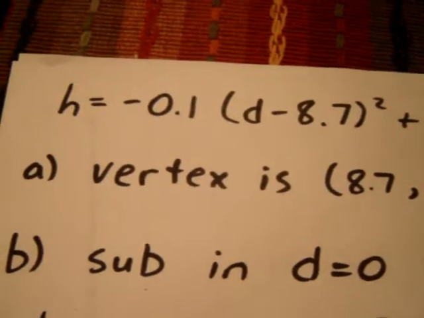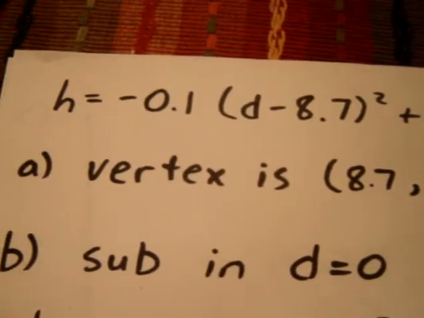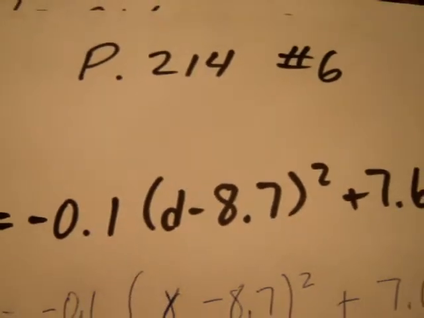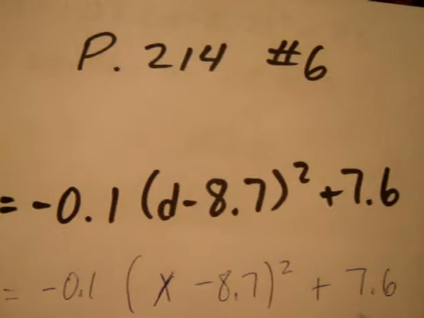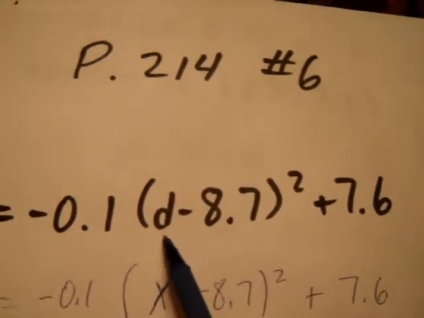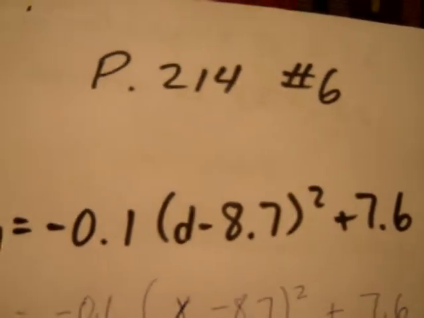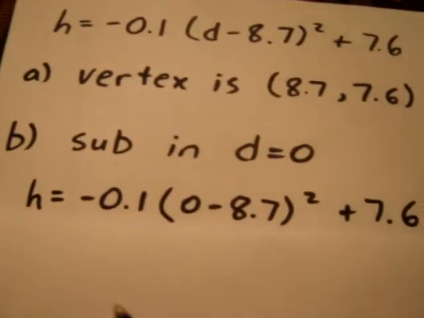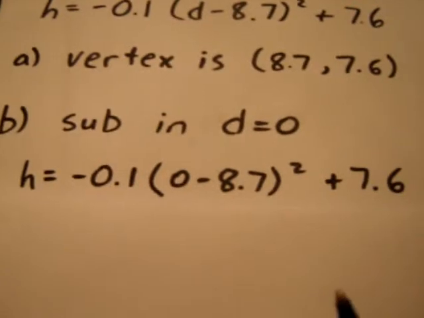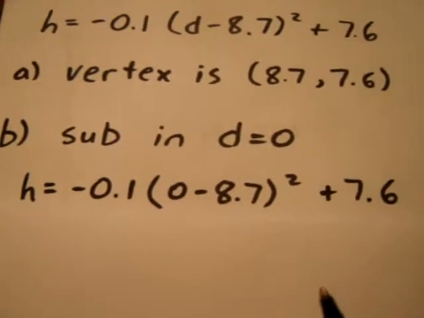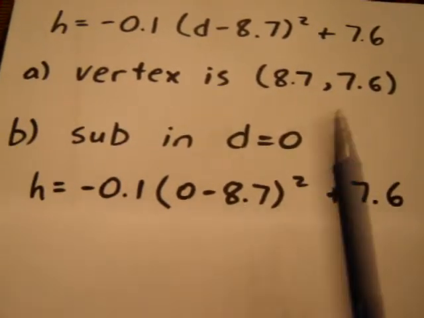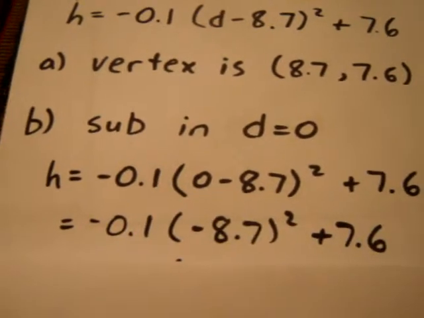So we go back to our equation, which was h equals negative 0.1 (d minus 8.7) quantity squared plus 7.6, and we substitute 0 for d. So when we sub in 0, our equation looks like that. Then BEDMAS tells us to evaluate the bracket first, which we do.